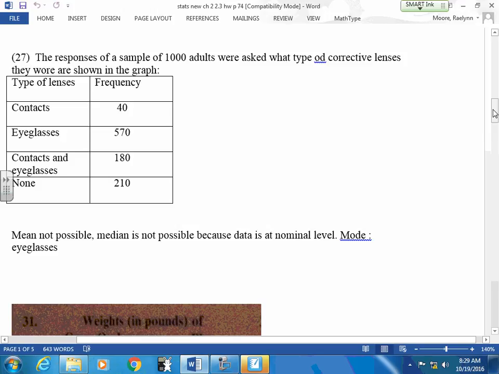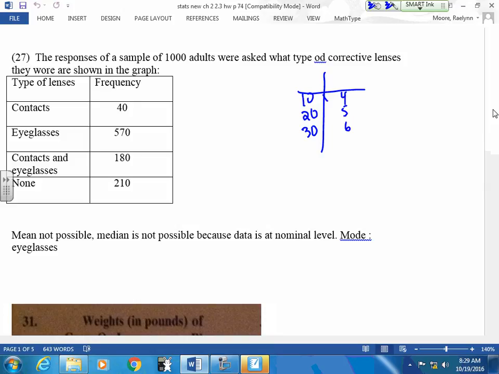Okay, this one, a couple of you asked me on this one. Normally, remember, when we have a table, we say, here's our x values, here's our frequencies, and we multiply these, get an answer, add them all up, and divide by how many there are. Get your total and divide by how many there are.